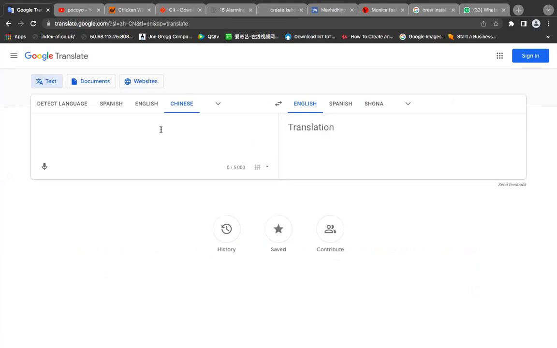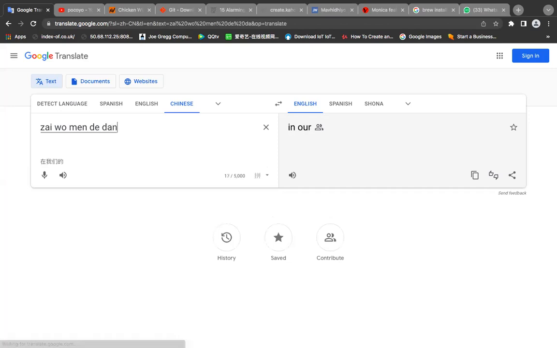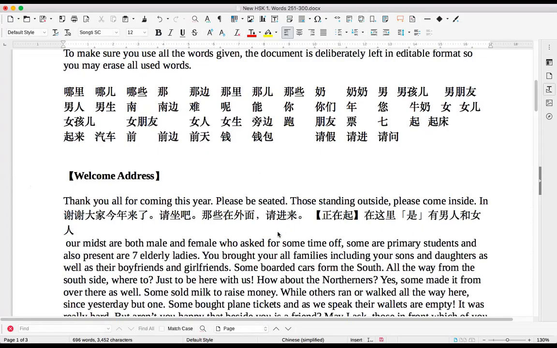Let's see. Let's say Thai or Menda. 在我们的当中. 当中. Oh, 在我们的当中 it means among us, like in our midst, right? Oh, okay. Yeah, this could be another way. 在我们的当中有, and then we go ahead and say what do we have among us? Okay, so this is another one.